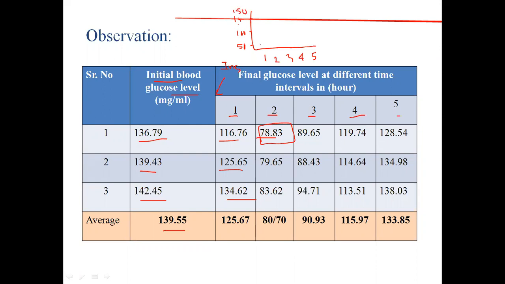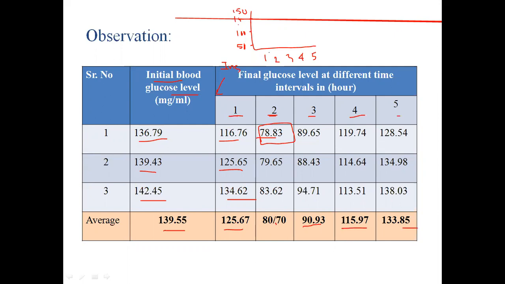So you will find that you have to take the average of all at 1 hour. The average is 125. At 2 hours, the average is 80.70, and at 3 hours, it is 90.93. Like that, the averages are there.